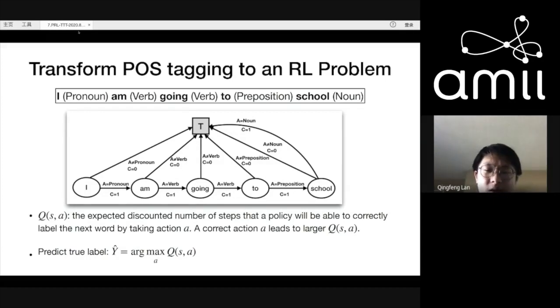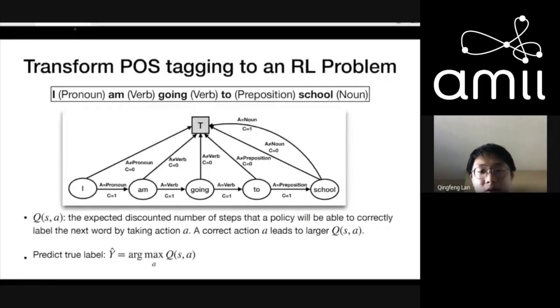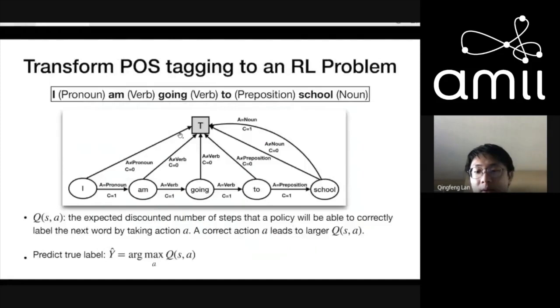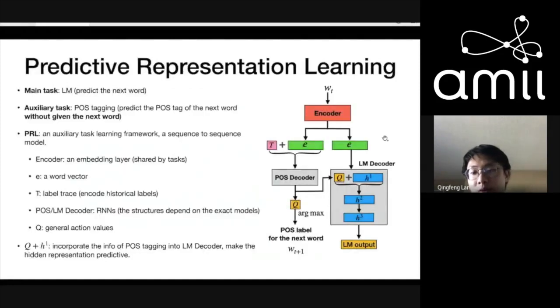But I think you can also combine with character level language models. It all depends on which language model you want to combine with. So you can change the language model decoder part according to the models you want to combine.